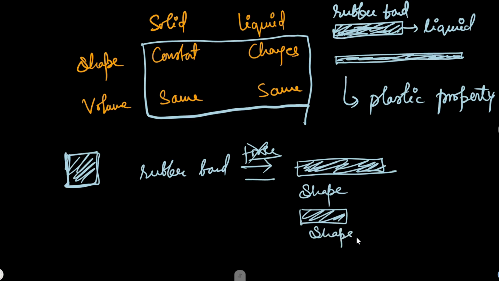Now, should we call it a liquid or a solid? Actually, we call it a solid. Why? Because in the case of a liquid, the shape changes and it is not in our control. But in the case of rubber, the shape changes, but as we remove the forces, it regains its original position, and so it is called a solid itself.